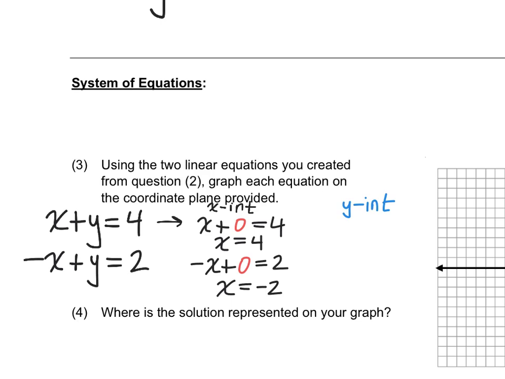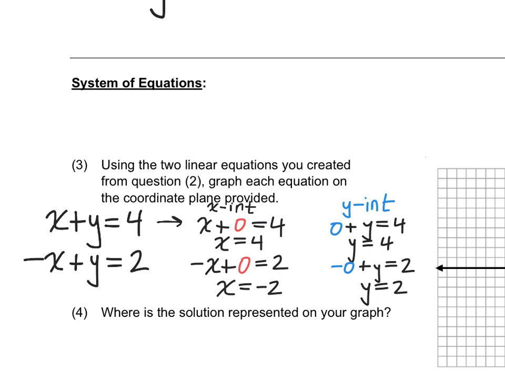Replace x with 0. So 0 plus y is equal to 4, making y equal to 4. And then negative 0, or just 0, plus y equals 2, so y equals 2.